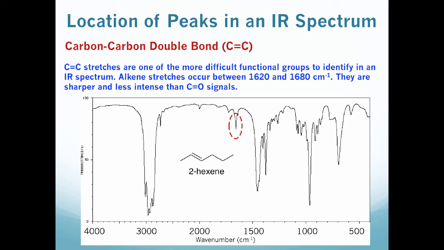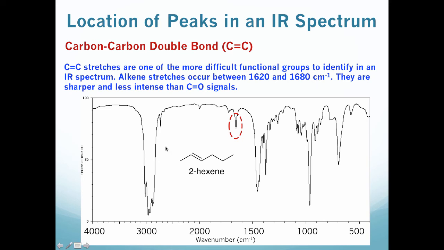Now if we look at the carbon-carbon double bonds, they're going to show up in a similar region to carbon-oxygen double bonds, but the main difference is they're not nearly as intense as those carbonyl stretches that we saw earlier. In general, your carbon-carbon double bond stretches occur between 1620 and 1680 wave numbers.